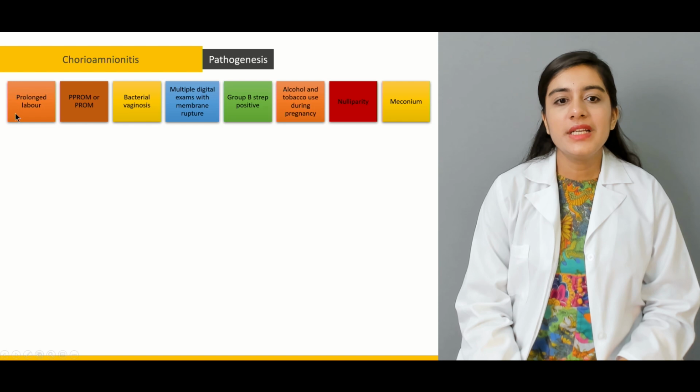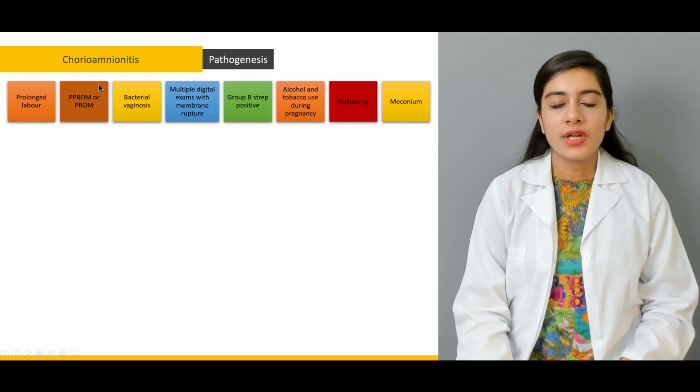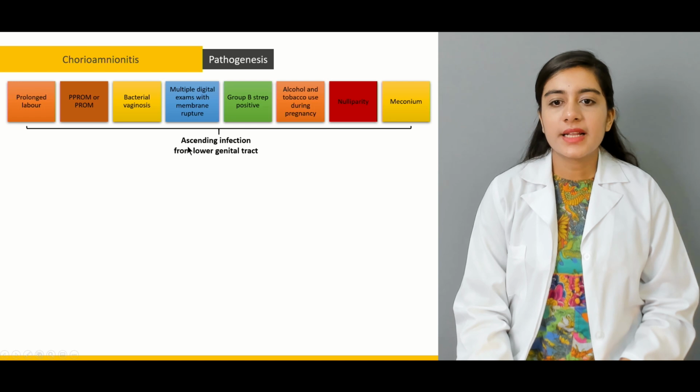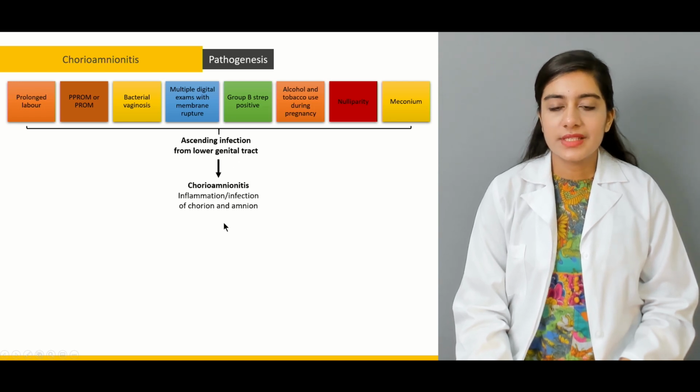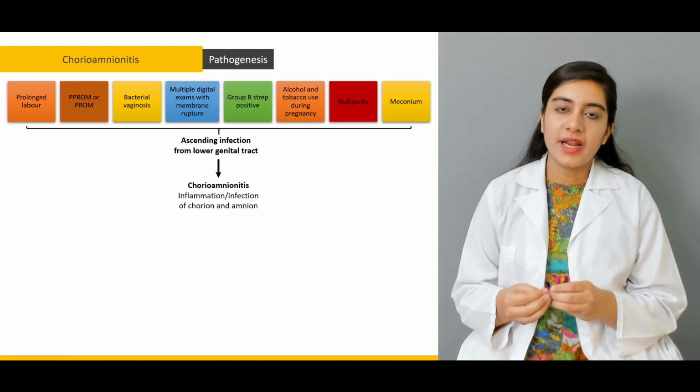All of these are the risk factors for the disease that we are talking about, chorioamnionitis. Now, what usually occurs is that an ascending infection from the lower genital tract produces a disease that is an inflammatory infection of the chorion and amnion.